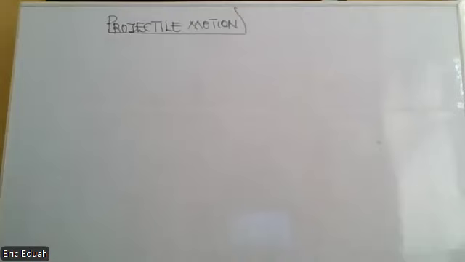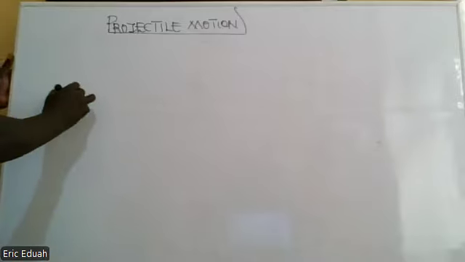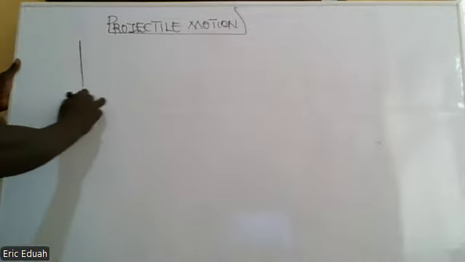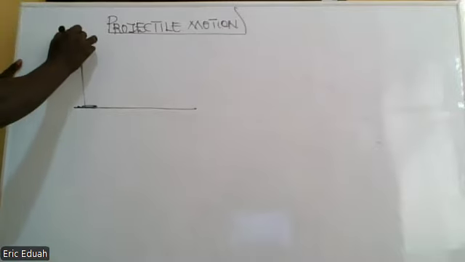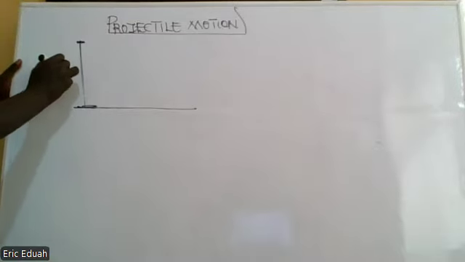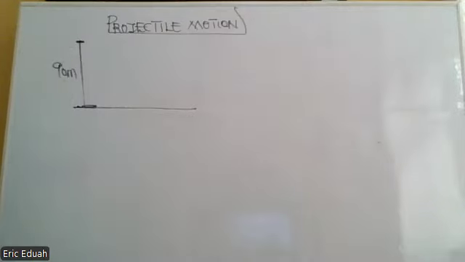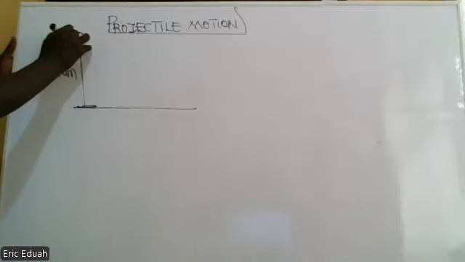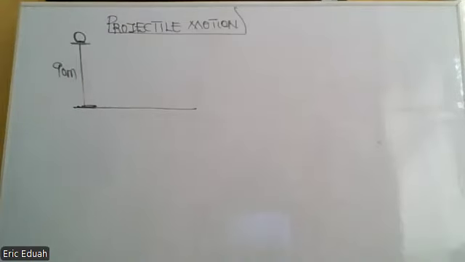A ball positioned at the top of a tower, 90-meter high. So from the ground to the top of the tower, we are told that the tower is 90-meter high from the ground, and the ball is on top of the tower, and it's thrown horizontally with a speed of 25 meters per second.